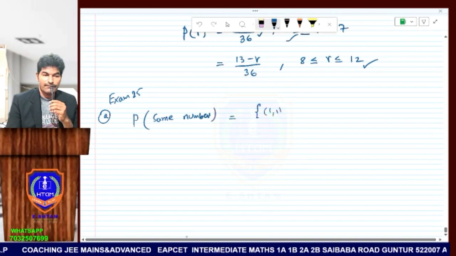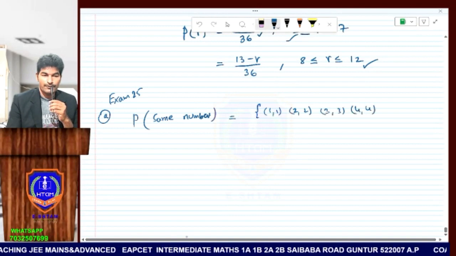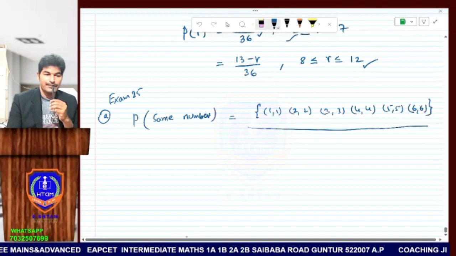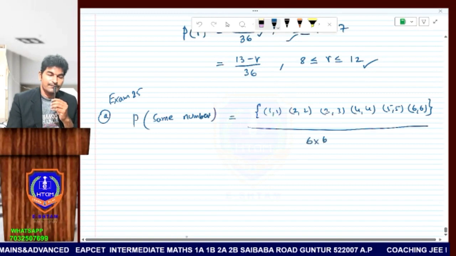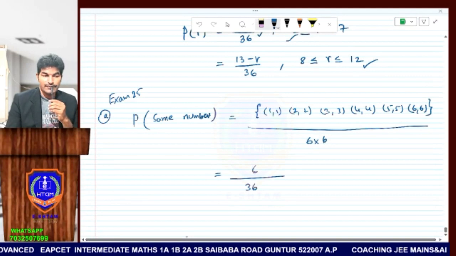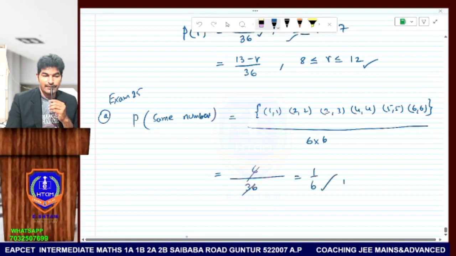The chances are (1,1), (2,2), (3,3), (4,4), (5,5), and (6,6). Out of 6 into 6, that is 36. So the denominator is 6 into 6, 36. In the numerator, totally how many events are there? 6 events. Cancel by 6 times. So 1 by 6 is the answer.